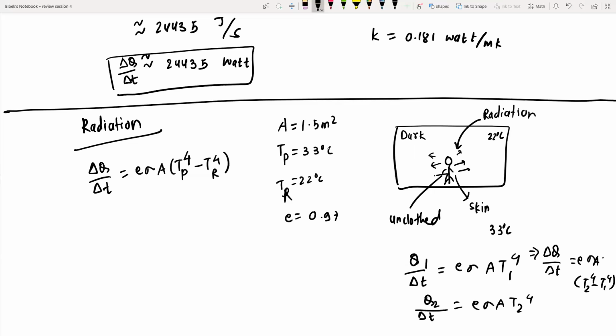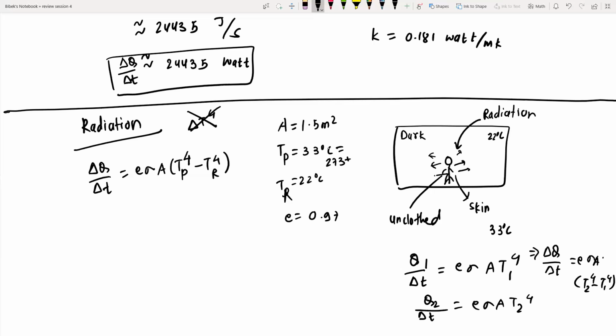Here we are not dealing with delta T to the 4. We're doing Tp to the 4 minus Tr to the 4. So we cannot directly subtract these two temperatures and raise the power by 4. That's why we need to convert to Kelvin.